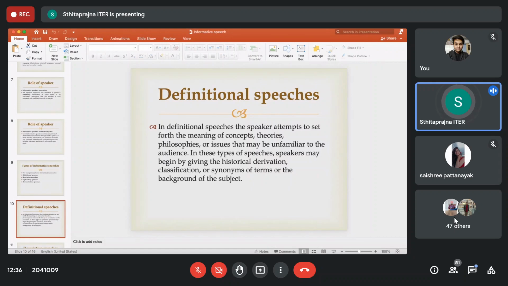So this is definitional speeches. It talks about concepts, theories, or issues that we don't know. So you start off with the etymology, with the origin, with the historical derivation, classification. We go on to talk about atoms and molecules, how atoms and molecules start.